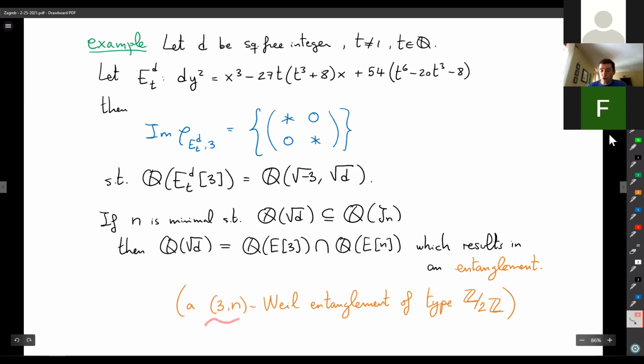And that's what we call an entanglement of type 3n, meaning that the 3 and the n division fields are entangled, of type T equals Z mod 2, because the entanglement is just a quadratic extension. So this is an infinite family of Weil entanglements.